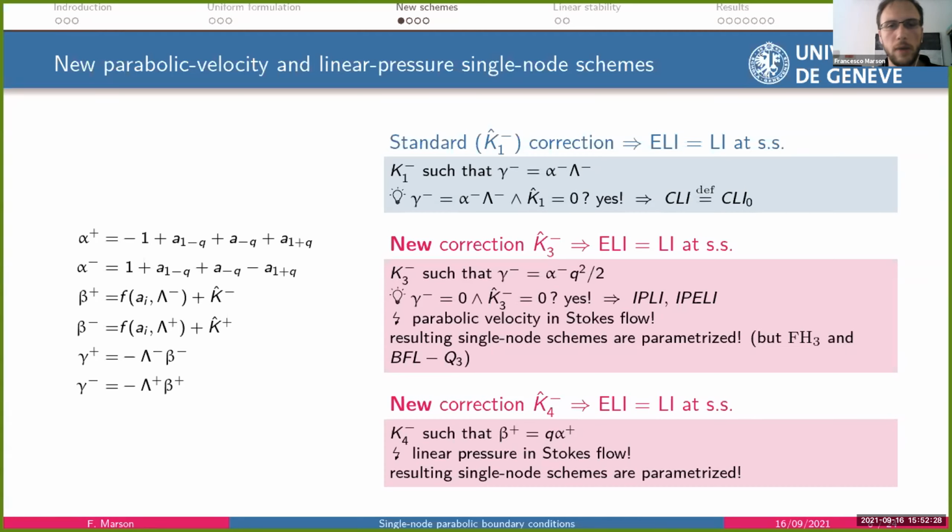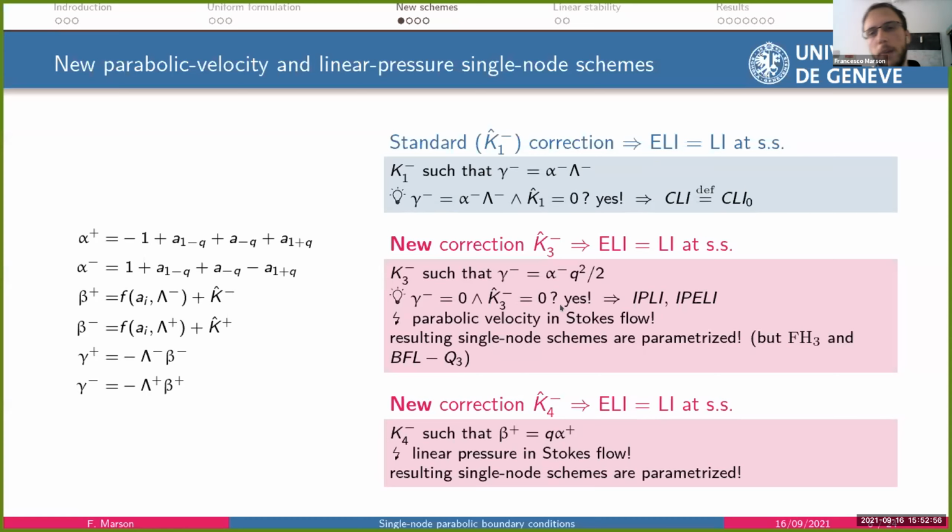But what we have realized is that we can develop new corrections that are able to provide parabolic velocity in the Stokes flow, so exact parabolic velocity profiles, or linear pressure in Stokes flow. And these types of corrections also give a parametrization in the case of single node schemes.